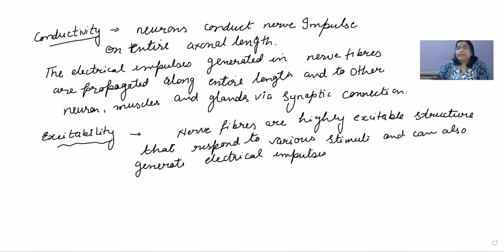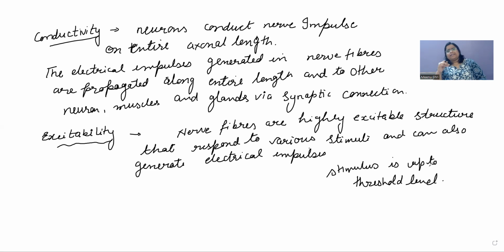Here the neurons conduct the nerve impulses and show excitability when the stimulus is at least up to the threshold level. What is the threshold level? The threshold level is the certain limit where a stimulus can carry forward, or can act as a nerve impulse. So these are two properties, and let's begin with the third property, the refractory period.